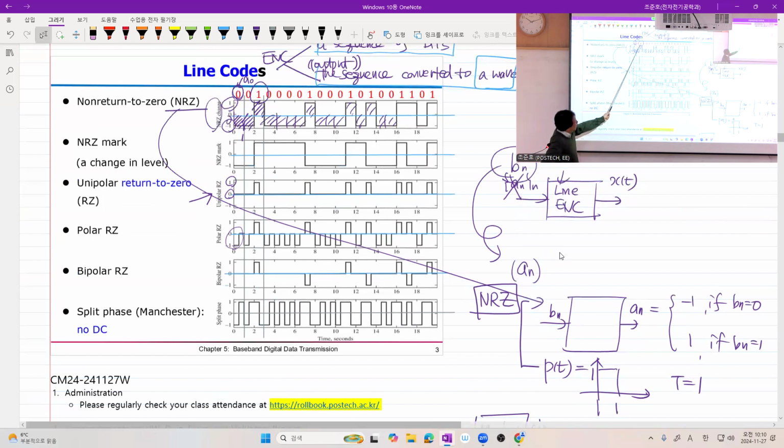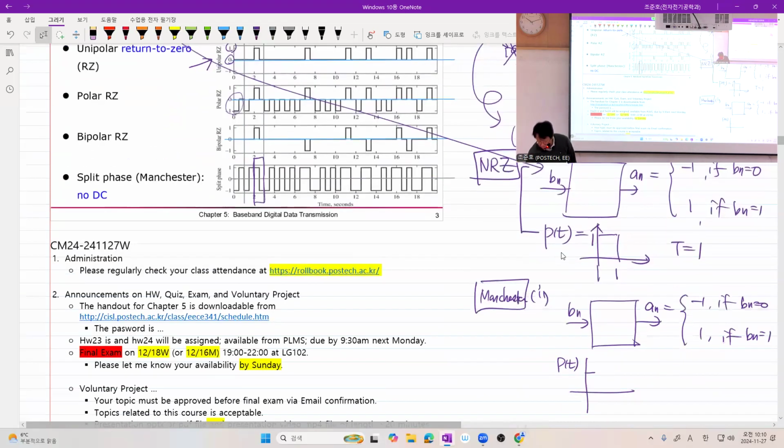When positive 1, A_n is 1. So let's see this one. You focus on that one. So what is your P of t? Your P of t is this one, right? So this pulse is repeatedly used in constructing your output.